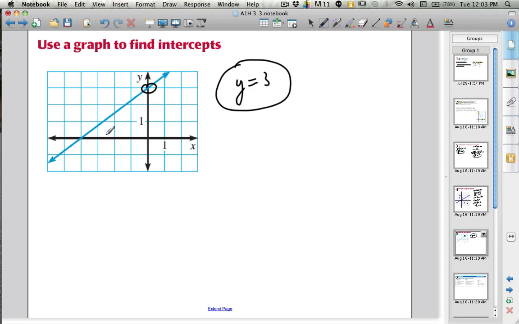And negative 1, negative 2, negative 3, negative 4. x is equal to negative 4 is the x-intercept. Now they haven't asked me to take this information and do more with it, but I could go ahead and write the equation of this particular linear equation by knowing this information.